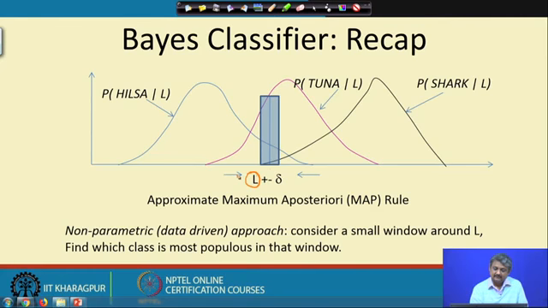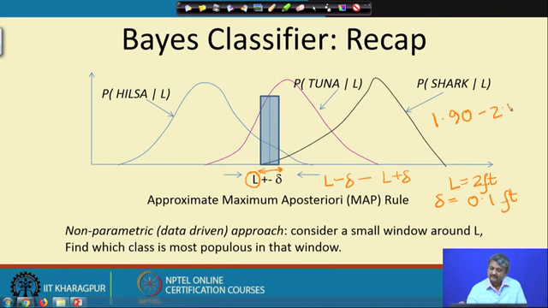What I do is make a small window, L minus delta to L plus delta, a small window of width 2 delta around L. For example, if L is a 2 feet long fish and delta is 0.1 feet, I consider the interval of 1.90 to 2.10 feet.